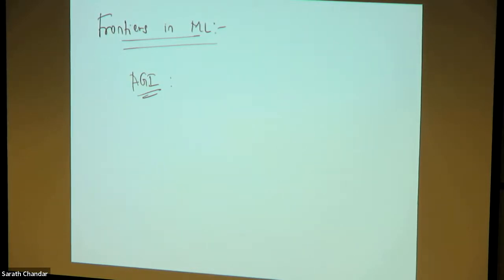But there are many other things that are needed to come up with an AGI. So I'm going to list some of them. One of the important aspects that a general-purpose algorithm should have, I think, is natural language processing.